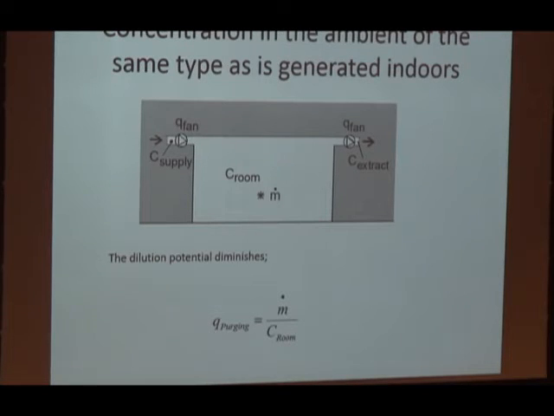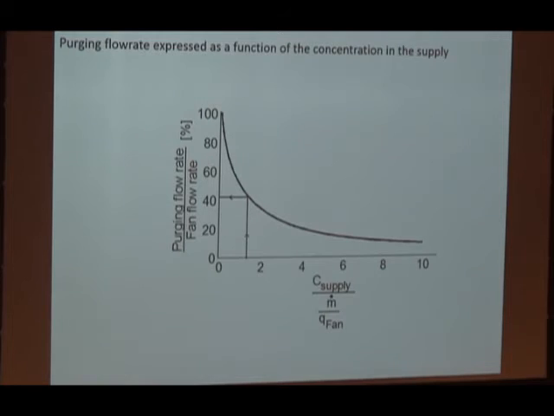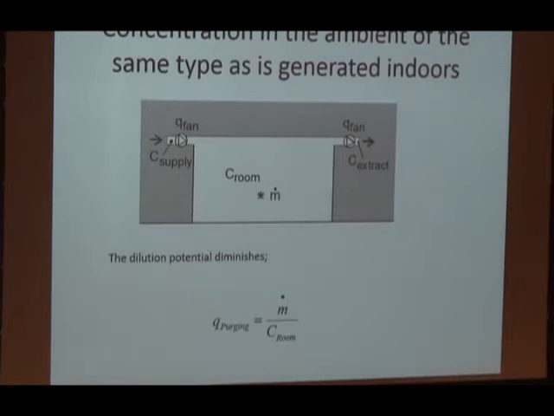And this you can easily communicate about and express by using this purging flow rate. Now I go back. This I do calculate. You have this emission rate and calculate the room concentration. And then I can express this purging flow rate.